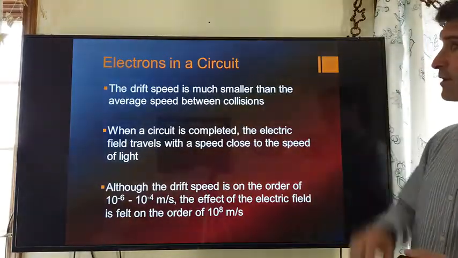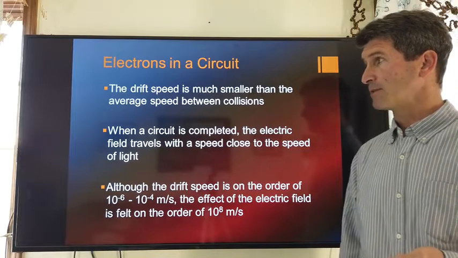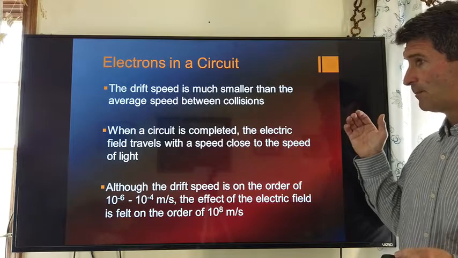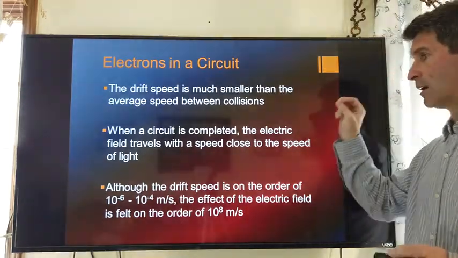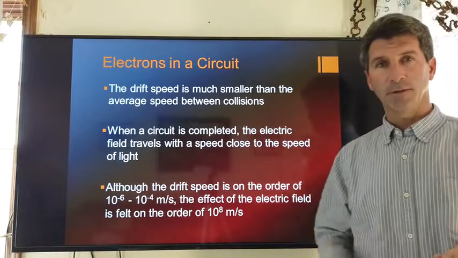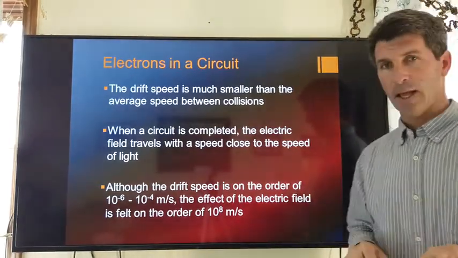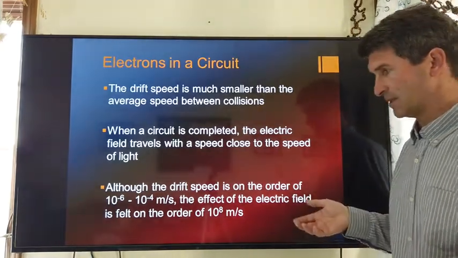So again, drift speed is much smaller than the average speed between collisions of these electrons. But when the circuit is completed, when we turn that switch on, we are allowing the electric field to propagate through our wiring system, and therefore that allows the device to go on almost instantaneously.